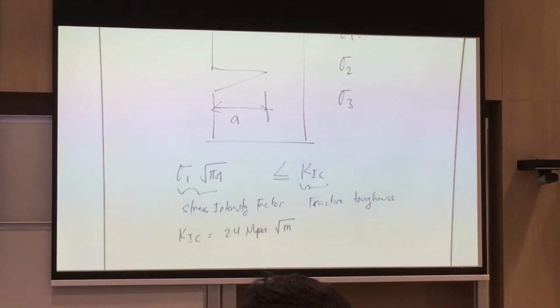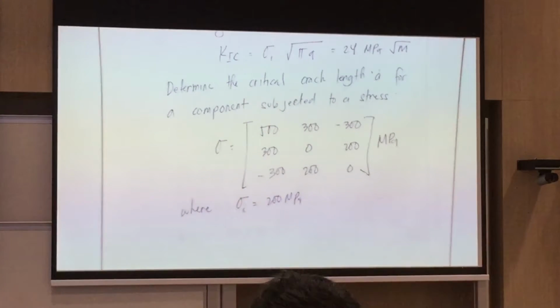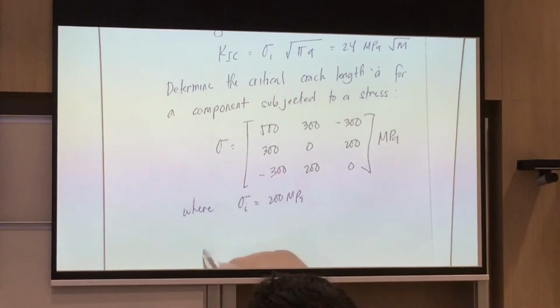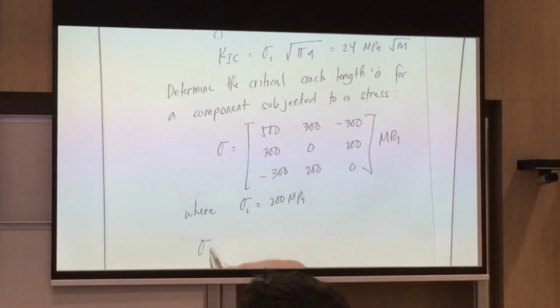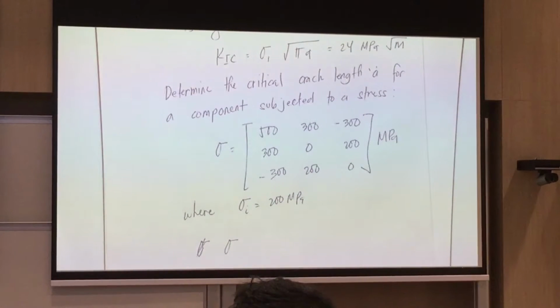So with that, you will now be able to solve for sigma 1 here. Of course, by doing so, you can get the so-called principal stresses. So what's the equation like here?